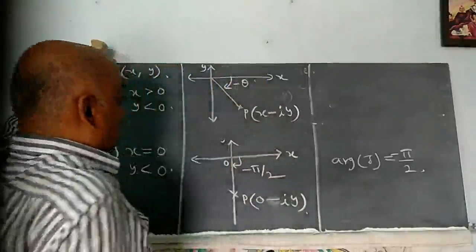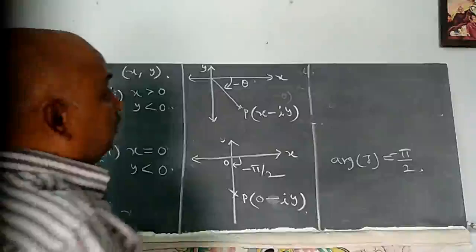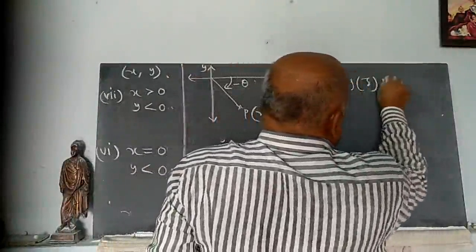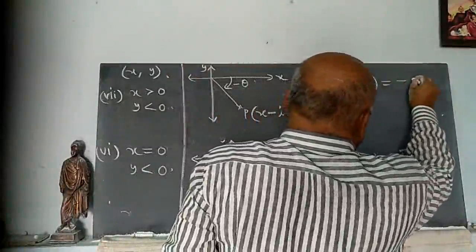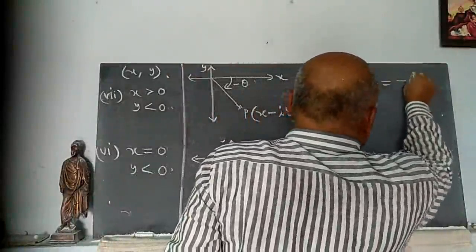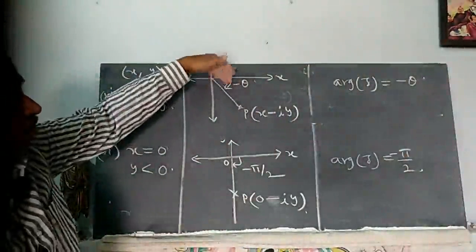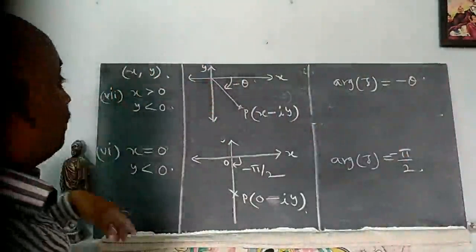The principal value of the argument of z is minus theta, in the clockwise direction if you consider.